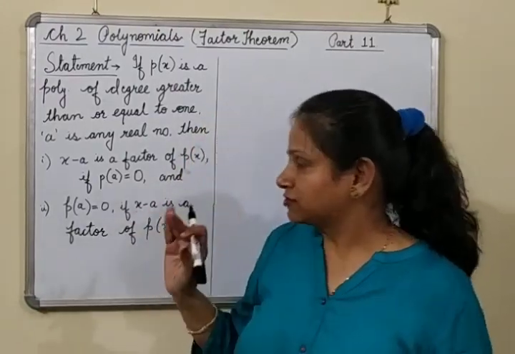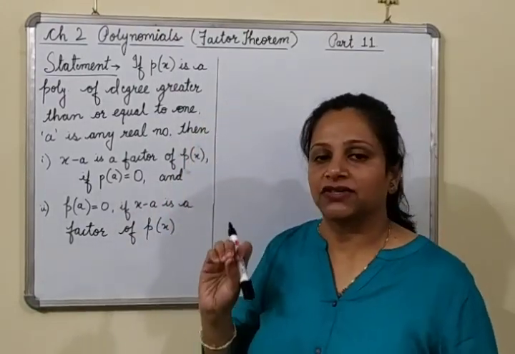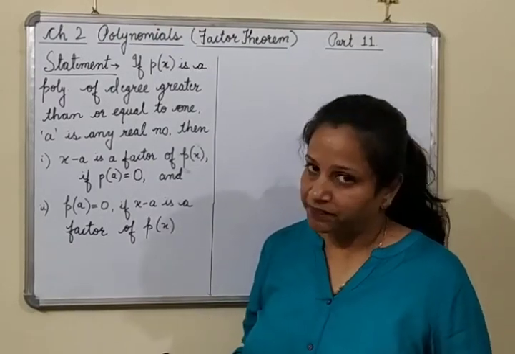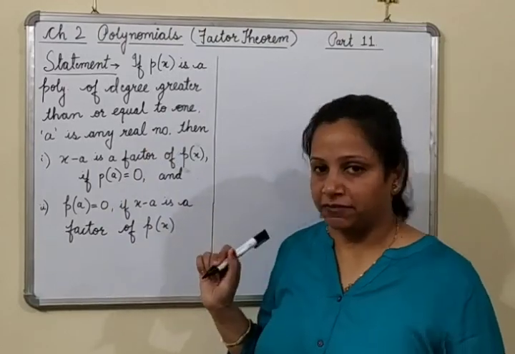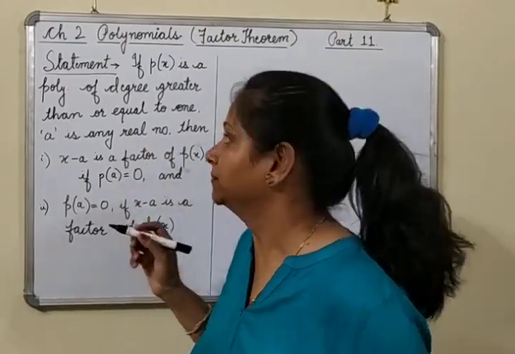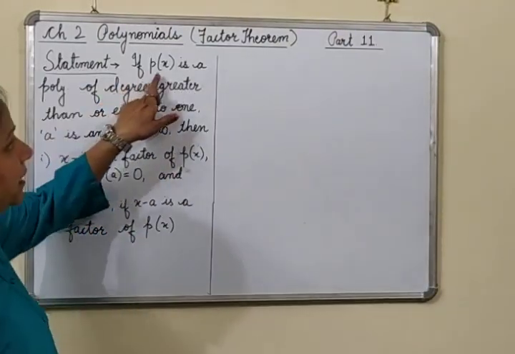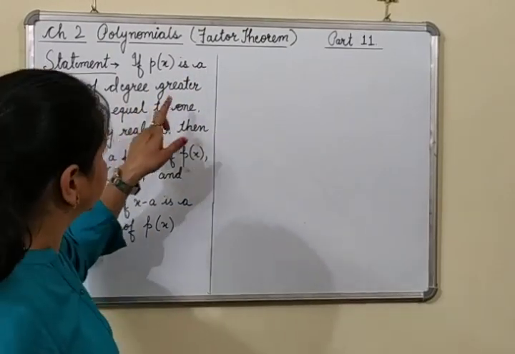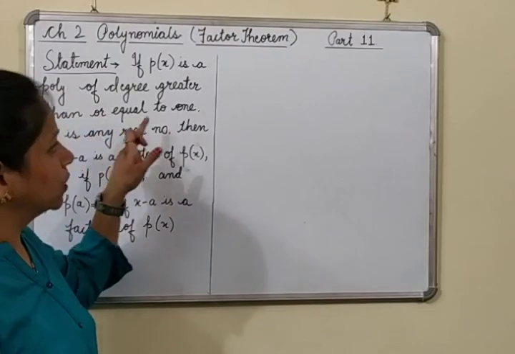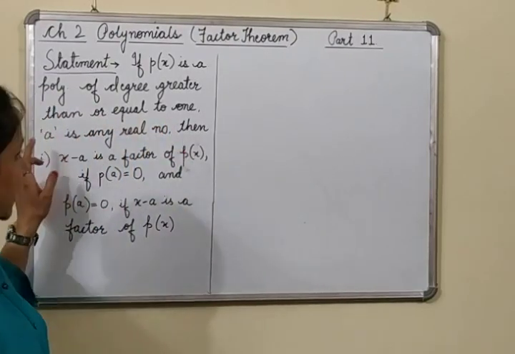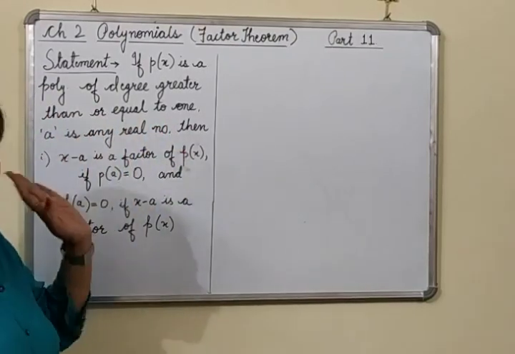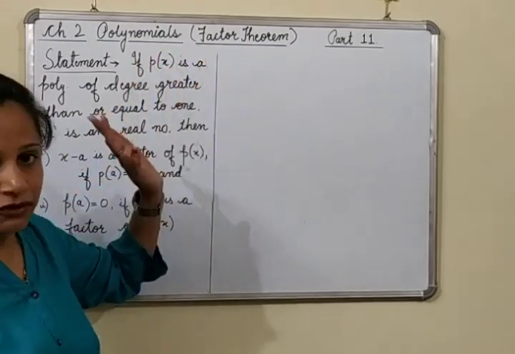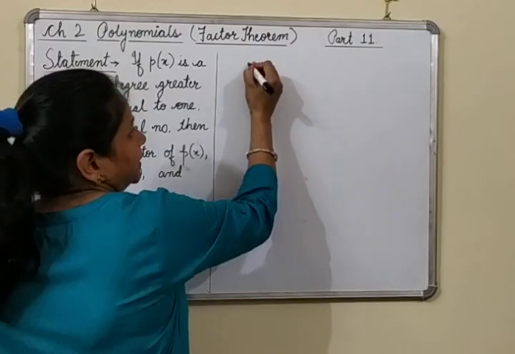First of all, in the question it is asked, write the statement for the factor theorem, or what is the factor theorem? So let us just read the statement first. What is the factor theorem?